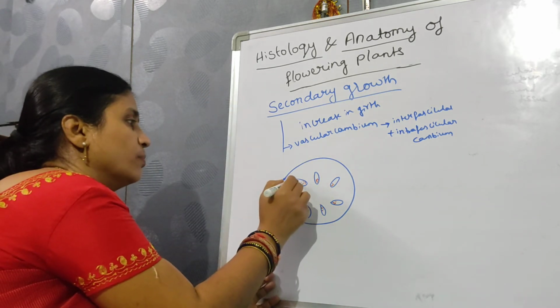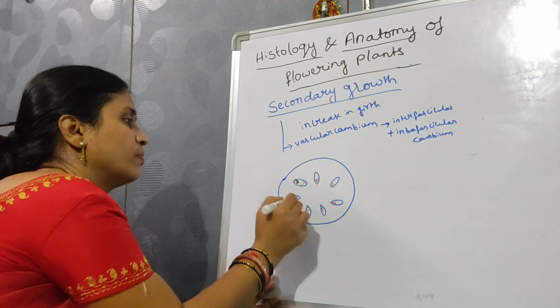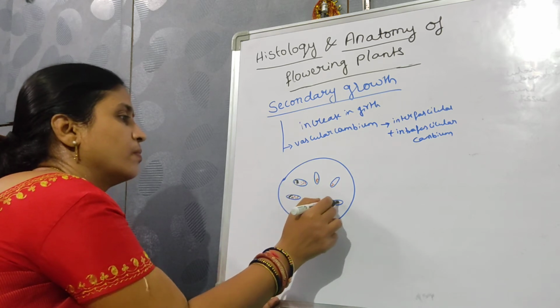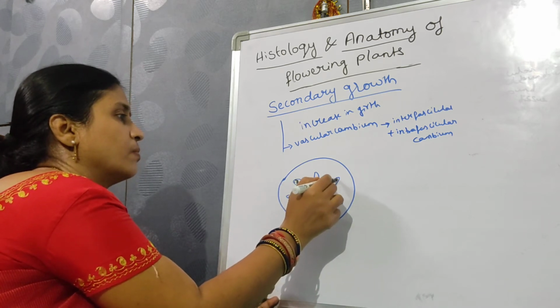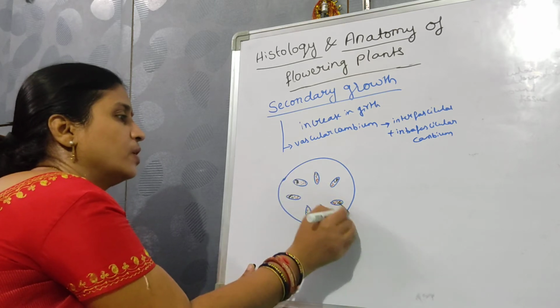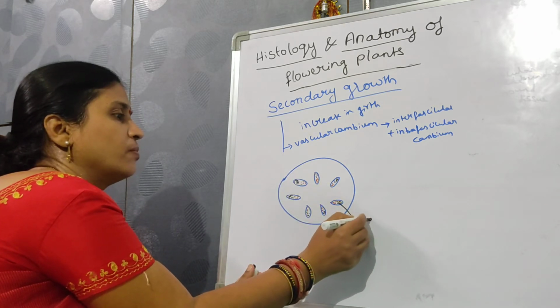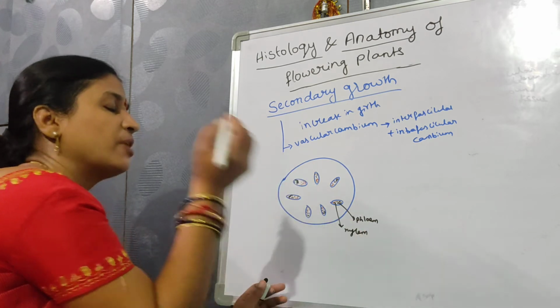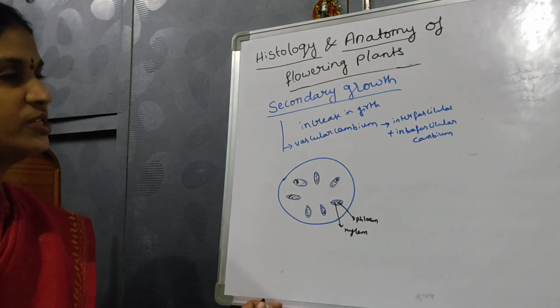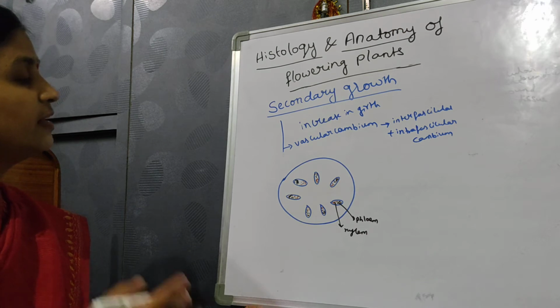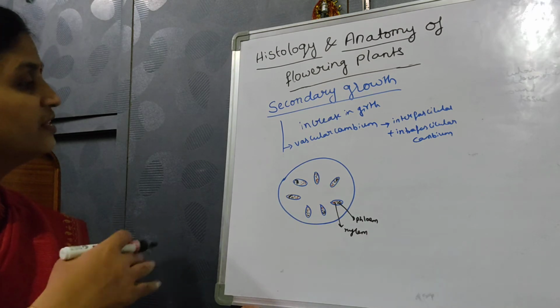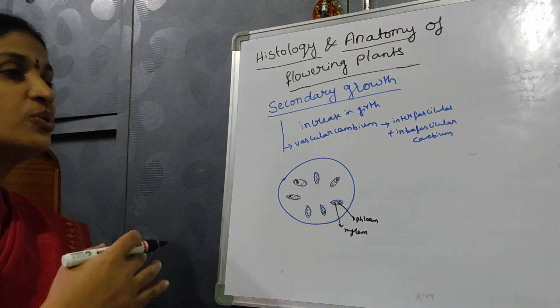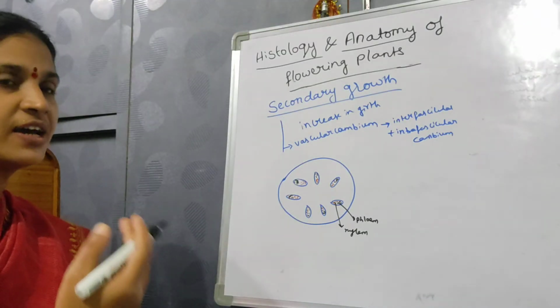This is the phloem. This is the xylem. During primary growth, the primary tissues are protoxylem and metaxylem. Then in the secondary growth, they will be forming into the secondary xylem and secondary phloem.